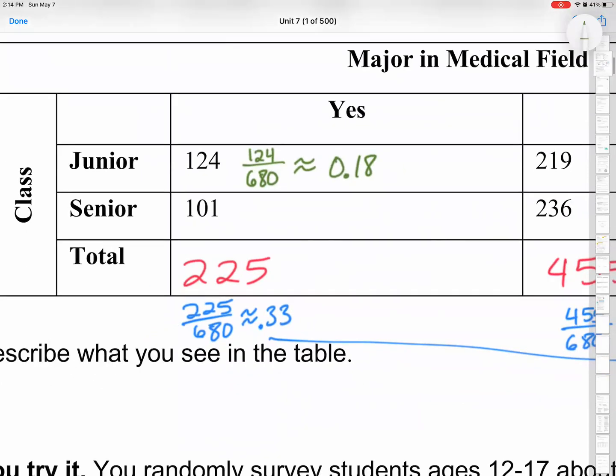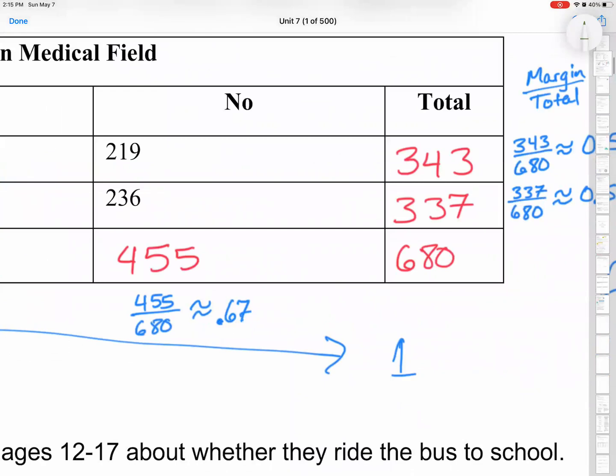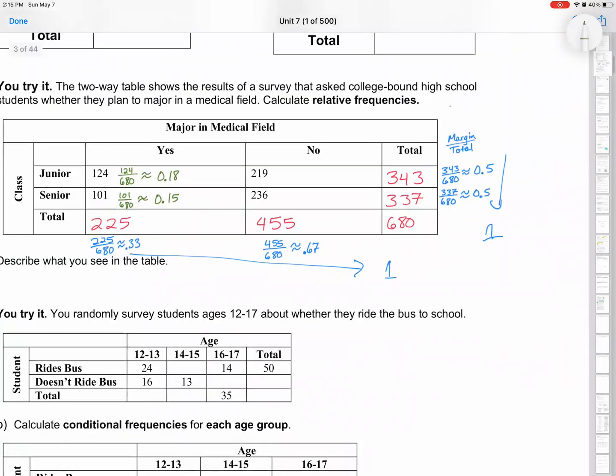For seniors going into the medical field, you have 101 of them out of 680. So 101 divided by 680. And that comes out to be about 0.15. And then for those not going into the medical field, well, there are 219 juniors not going into the medical field.